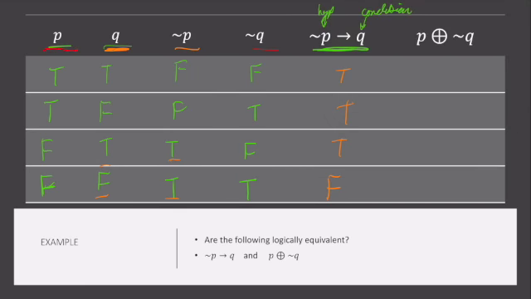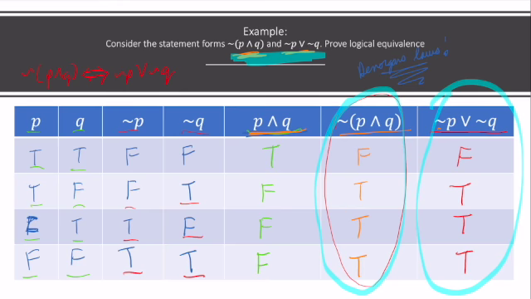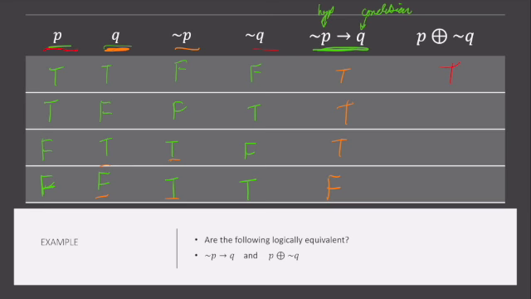True and false gives me true. True and true gives me false. And as you can see, we already have a differing value, so this is not equivalent. False and true. Oh wait, I'm looking at the wrong thing. False and false gives me false, and true and false gives me true. So these are not logically equivalent.